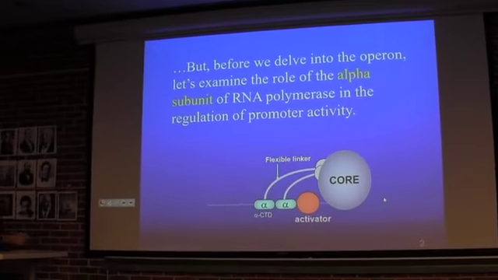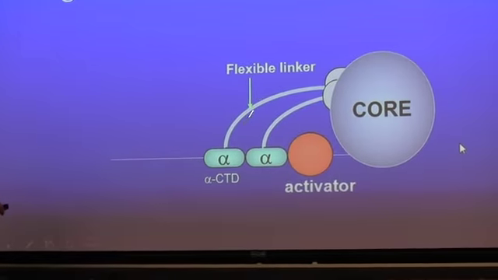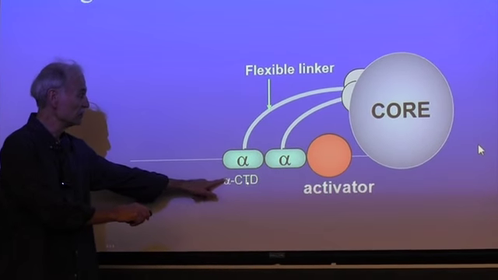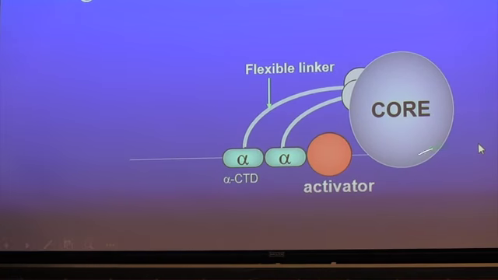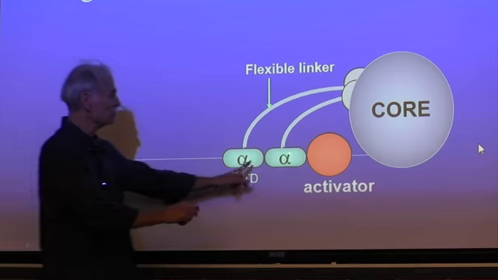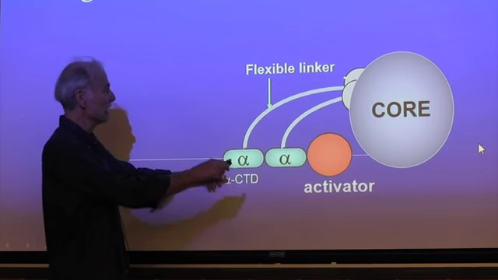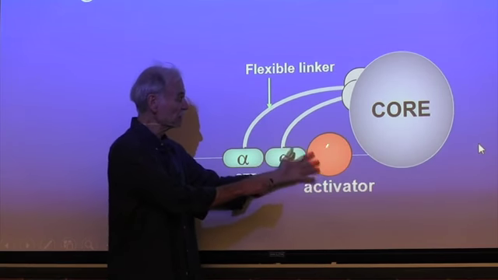So remember the alpha subunit. There are 2 copies in the core, and each has a carboxy terminal domain that binds upstream of the core promoter. And you can have proteins that interact directly with the C-terminal domains of the alpha subunit. In some cases they activate, in some cases they repress.